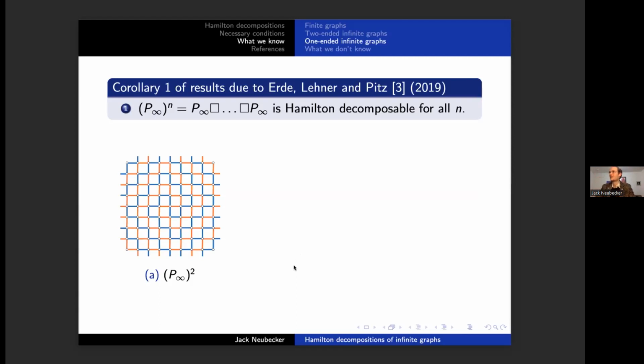And in one-ended graphs in particular, because there's so much space outside of the finite chunk that you're looking at, there's always a heap of space for you to do the easy thing, which is just do it in the most inelegant way possible, just to get the result. But the fact that the two-dimensional grid has such a nice construction, if you find it, feels like there should be similarly nice constructions for the other ones as well.